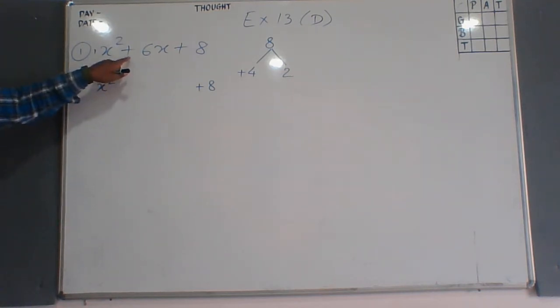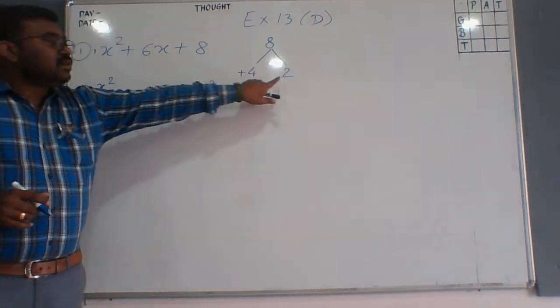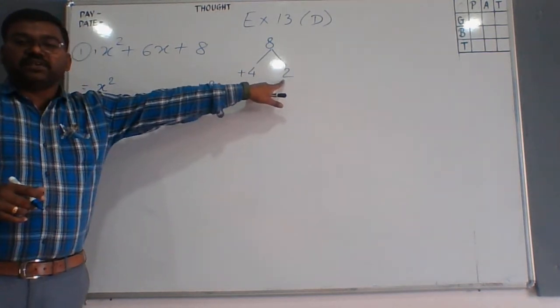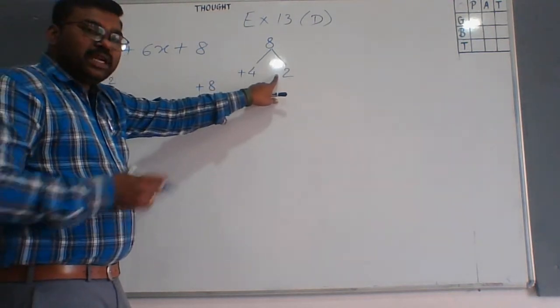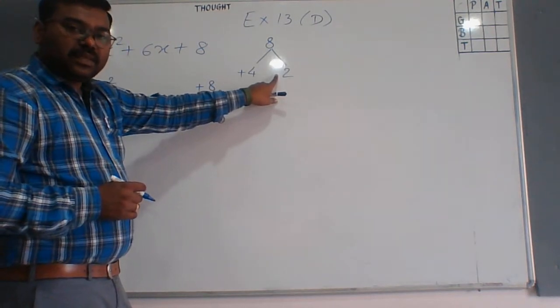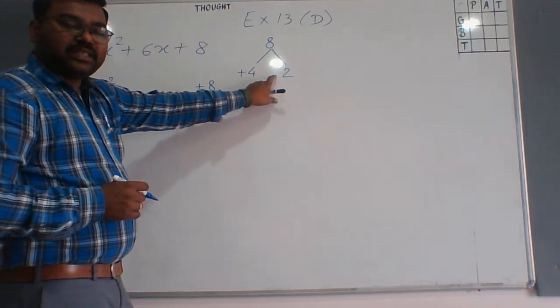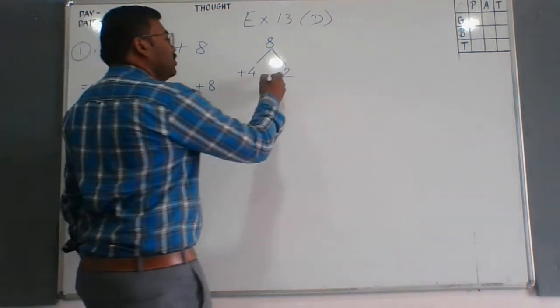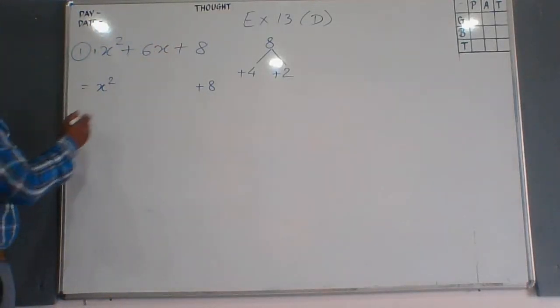Then the sign of the 2 we will decide. If we take 2 as negative, are we getting 6? No, we will not get 6. So 2 is also positive, then only we are getting 6.